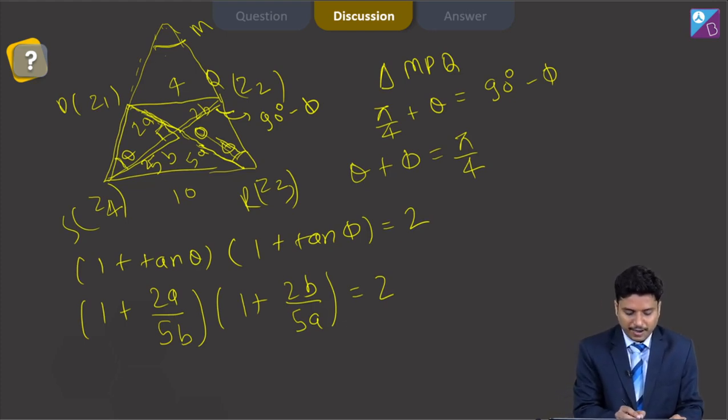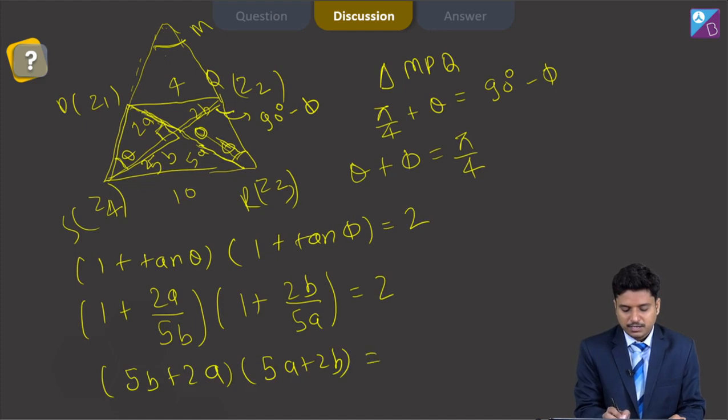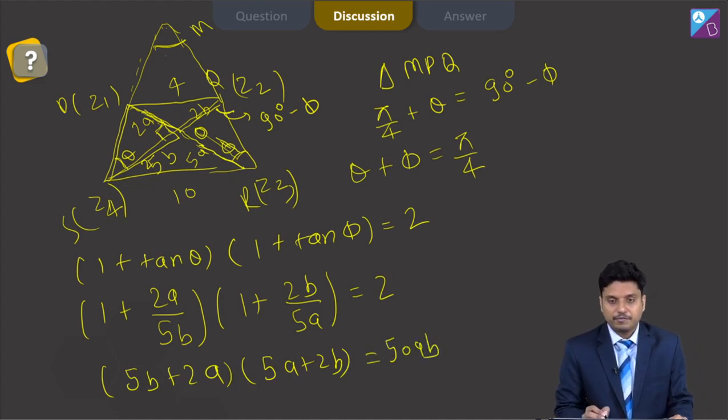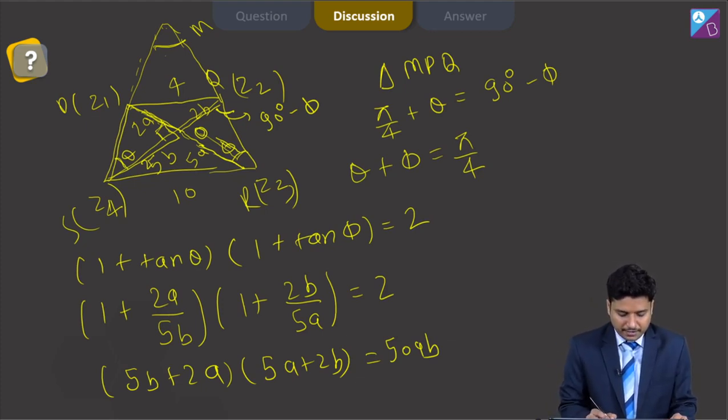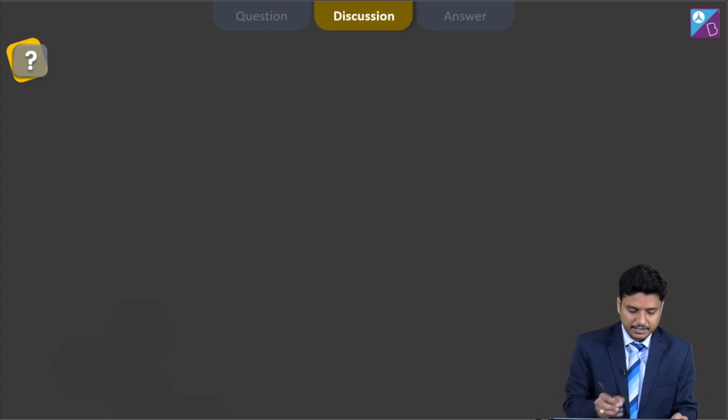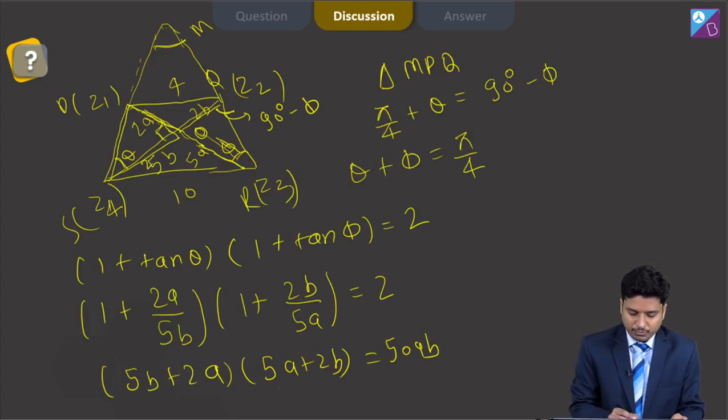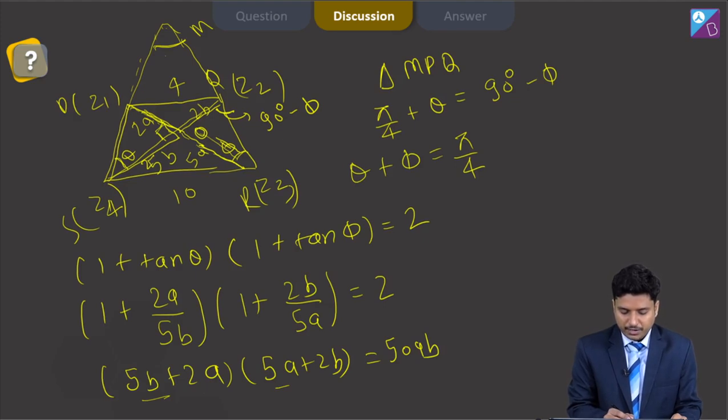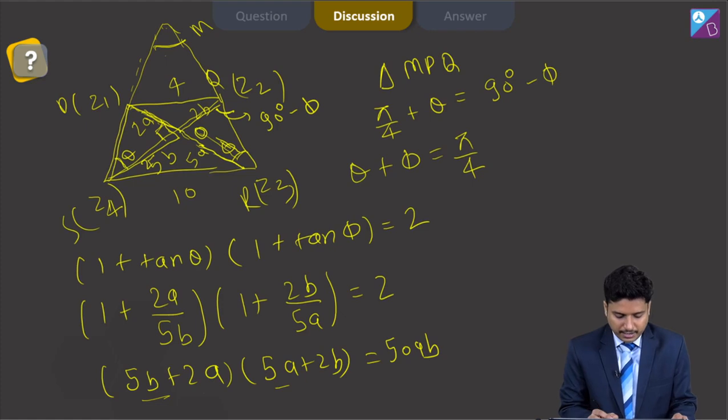So (5b plus 2a) into (5a plus 2b) is equal to 50ab in the given expression. If we multiply it, what will we get? 5a into 5b is 25ab, and 2a into 2b is 4ab, so 29ab.